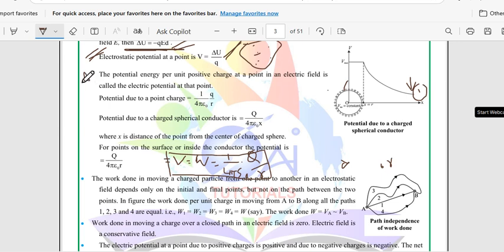This is the definition for electrostatic potential.